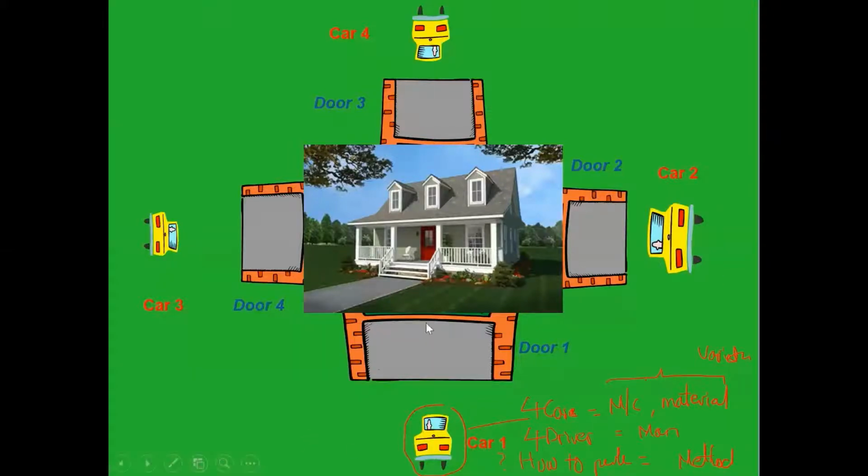Let's see how car 1 is going to park into door 1, or how machine car 1 is going to make product door 1. The process looks very easy. It's because the gate size is much bigger than the car size. Or in technical terms, the specification of product A is much bigger than the process variation.